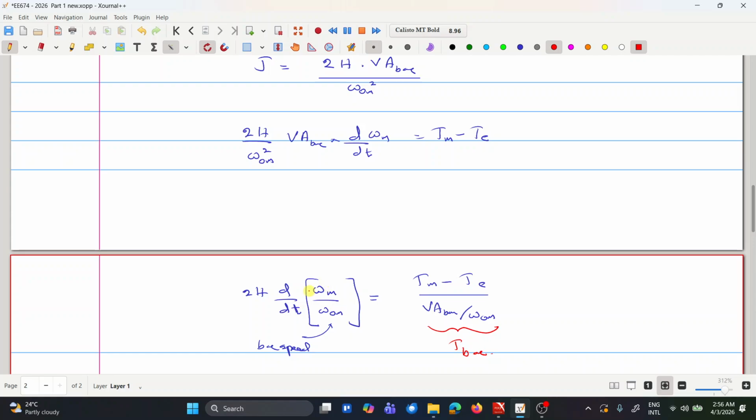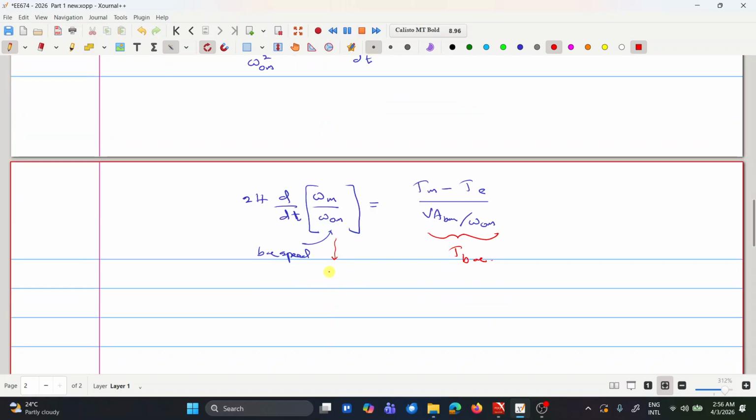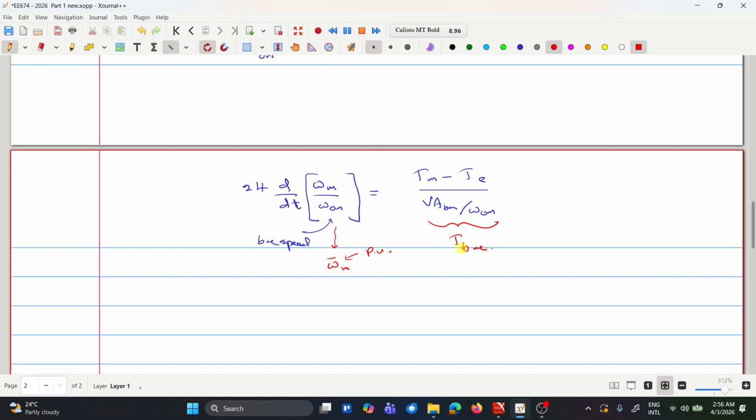So we have the mechanical speed over base speed, which is actually the per unit mechanical speed, right? And then this will give me the per unit mechanical torque minus per unit electrical torque, right? Because you divided it by the base torque.